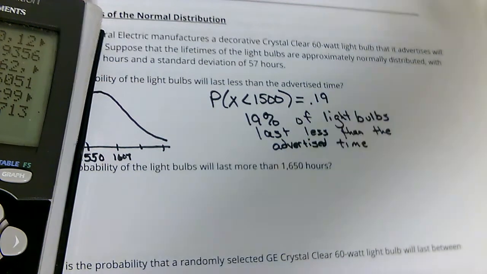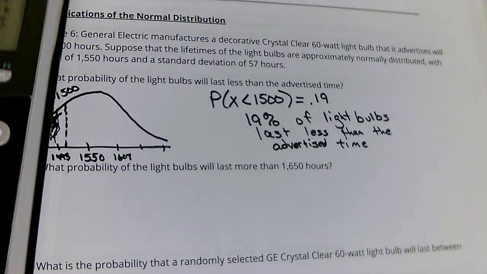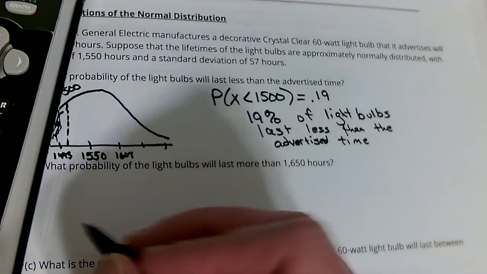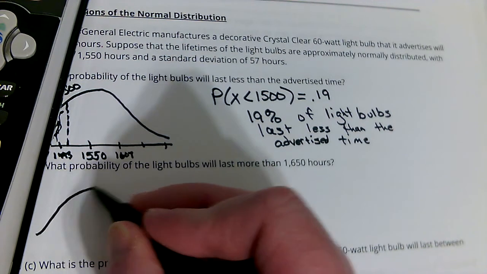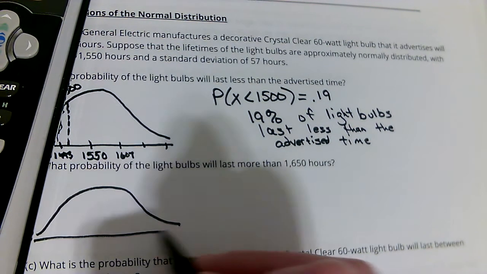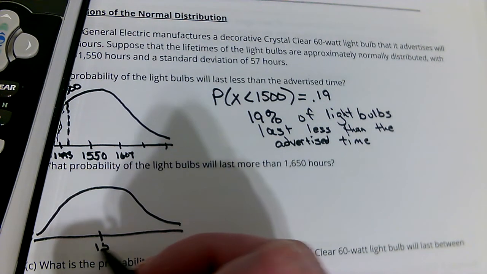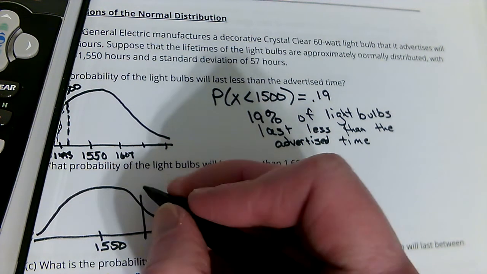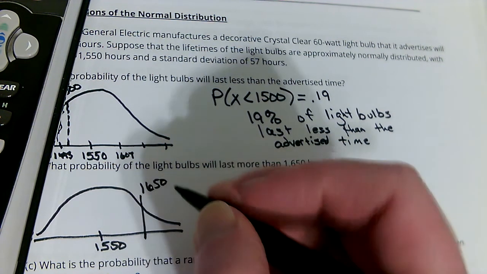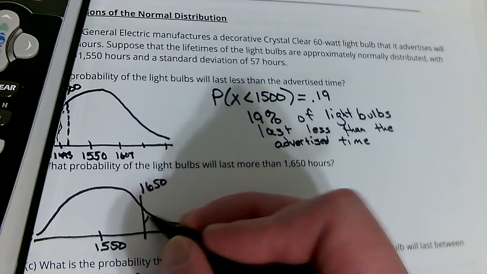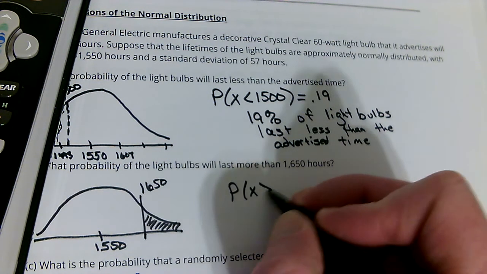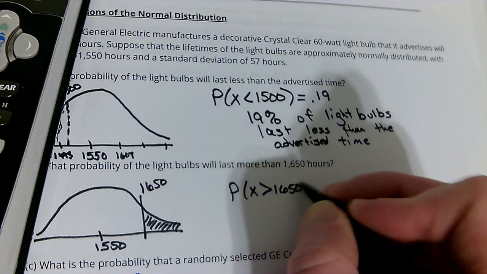That's not bad. Now, what's the probability that a light bulb would last more than 1650? So more than 1650, whoa, that's a bad picture. 1550 would be here. So 1650 would be more like right here. And so we're talking about this region. The probability that X is greater than 1650.